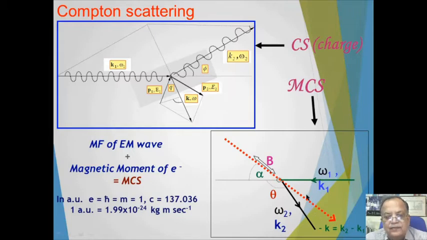So you see, in the case of magnetic Compton scattering, you should have circularly polarized synchrotron radiation. I will show you why you need circularly polarized synchrotron radiation. And the sample should be a magnetic sample, which is kept under the influence of a magnetic field, and only then can you have this magnetic Compton scattering. So this is the so-called MCS.